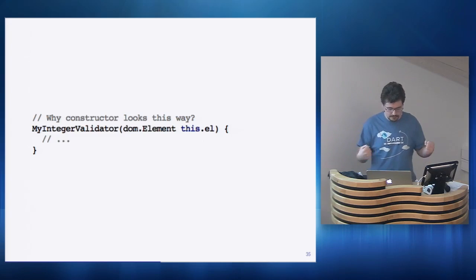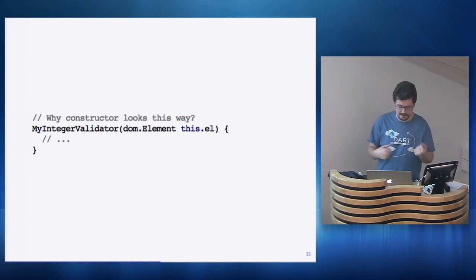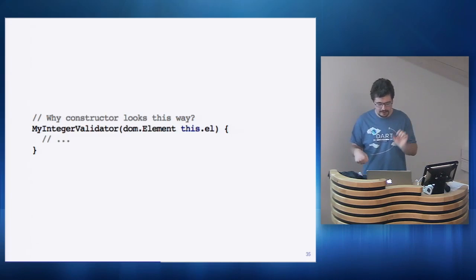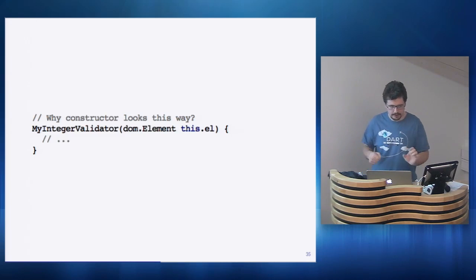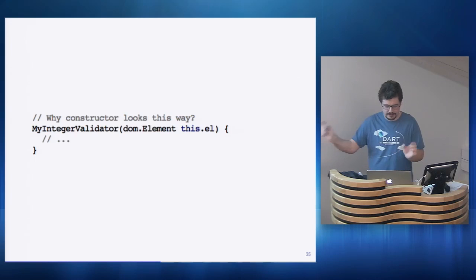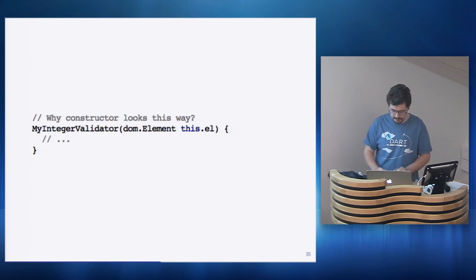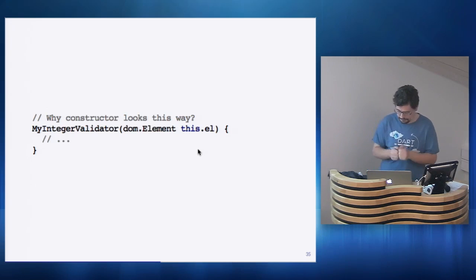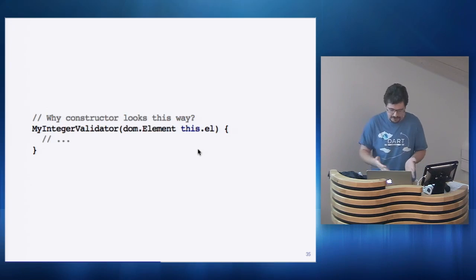Then it will use mirrors, which is the reflection facility available in the Dart language, to determine which type you're asking for and what's provided, and pass you the right objects in. So here my directive depends on the element which it decorates. Can you give it to me?